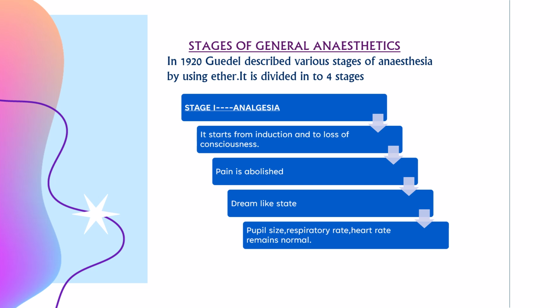So when he described general anesthetics with the help of the gaseous anesthetic, it starts from the induction. You know what is meant by induction. It is the administration of the vapors of the drug up to the loss of consciousness.